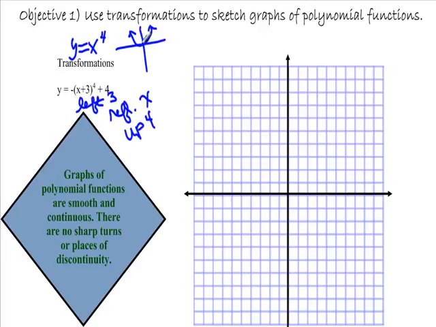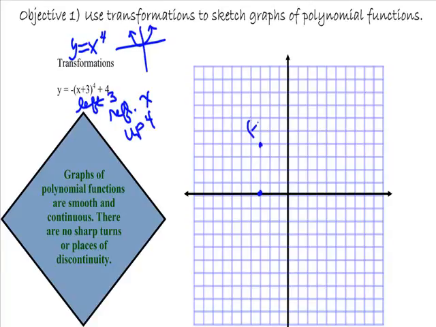Okay, so I start from that key point of 0, 0, and let's follow that through. So if I go left 3 from 0, 0, it'll take me to negative 3, 0. So my graph is going up like that if that's the only thing I have to do, but now I'm reflecting it across the x, so now it's going to come down, and then I've got to shift that up by 4.